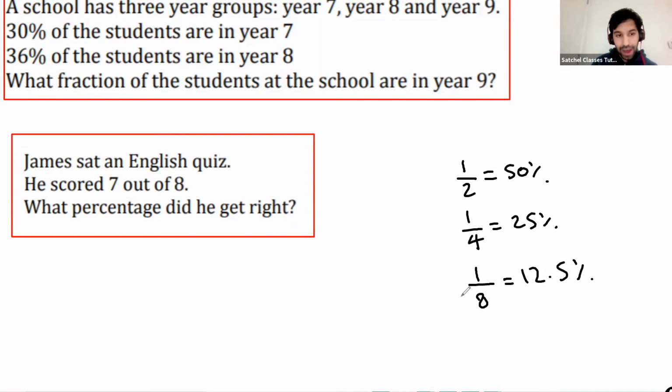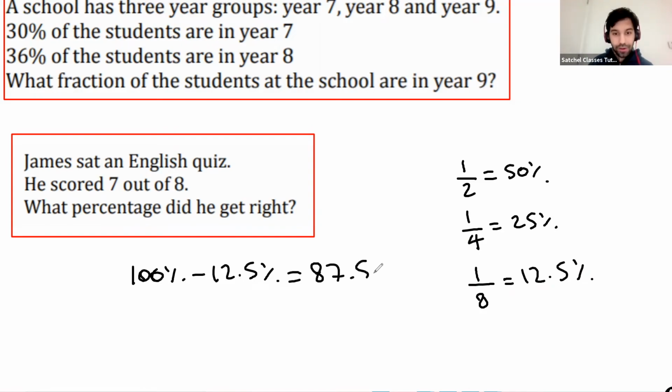If I know this fact, what I will know is that James sat the English quiz, he scored 7 out of 8. So in total, he lost 1 mark out of 8. So he lost 12.5%. So what I can do is 100% minus 12.5%. That's going to give me 87.5%. So he got 87.5% in his test.